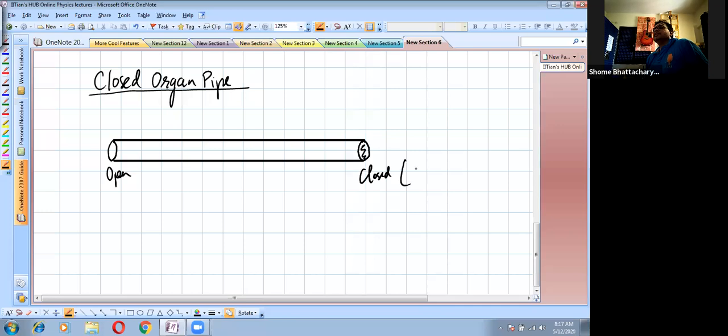The closed end acts like a pressure antinode. This acts like a pressure node.